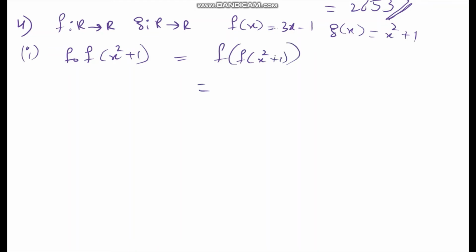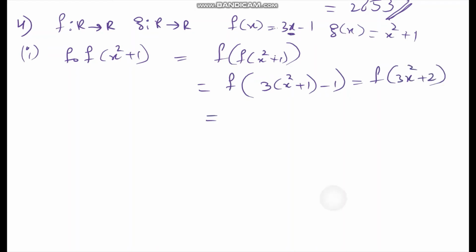Now f of x square plus 1 will be 3 into, in the place of x, substitute x square plus 1, minus 1, that equals f of 3x square plus 2. Again f of 3x square plus 2 will be 3 into 3x square plus 2 minus 1, that equals 9x square plus 9 minus 1 is plus 8.